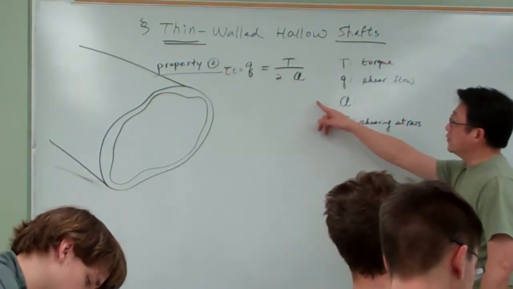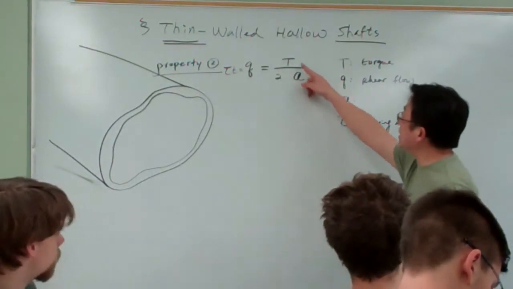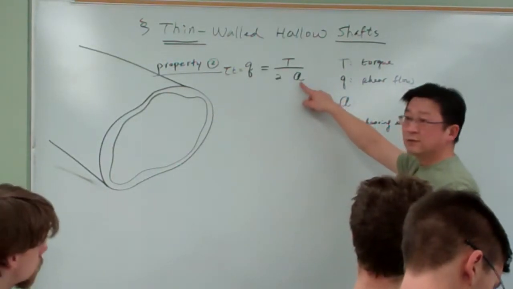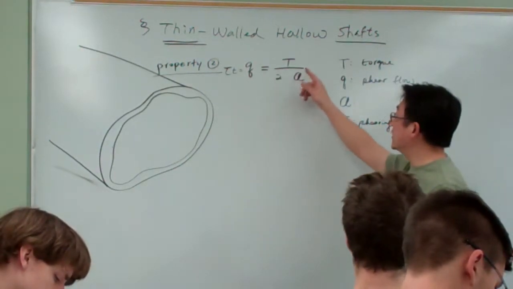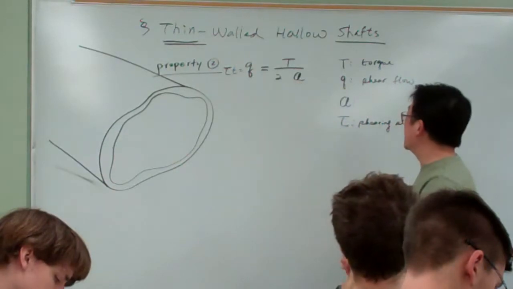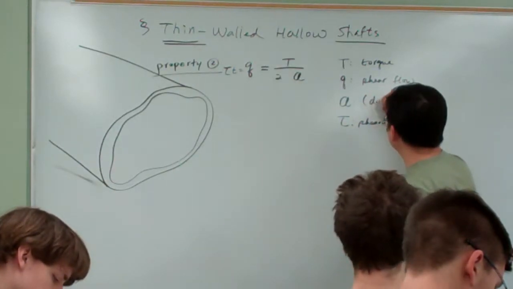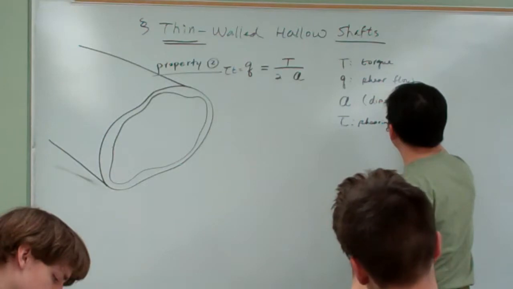So that is the equation we can use, and T is a given, and A is a certain quantity that is a constant as long as we are given the dimension. So basically A is dimension related, not material related.